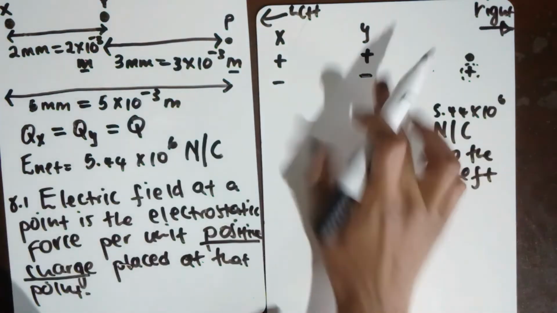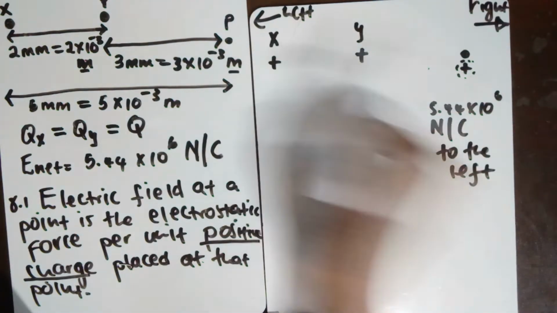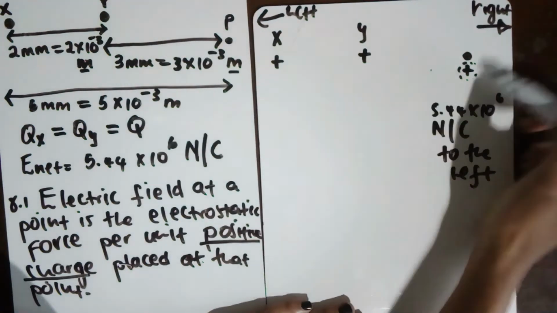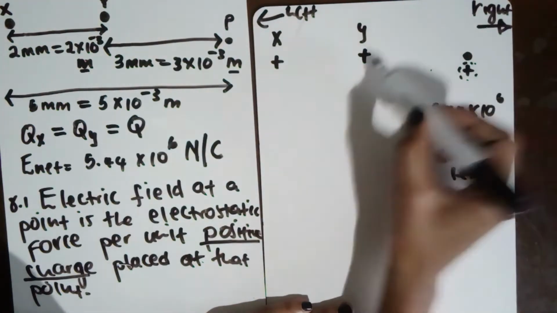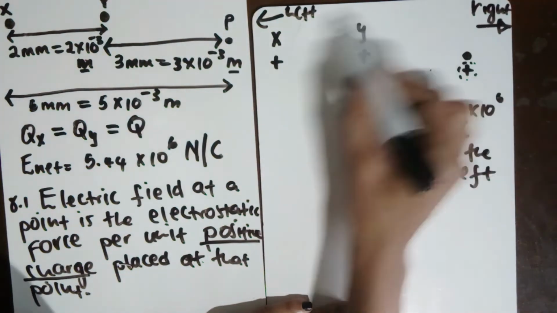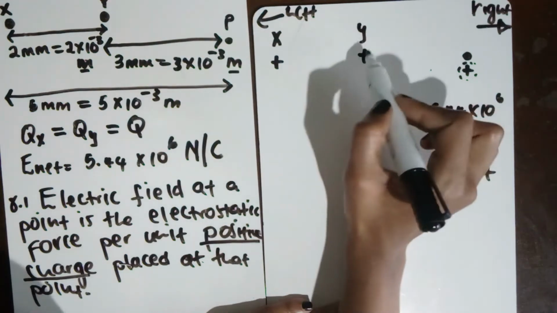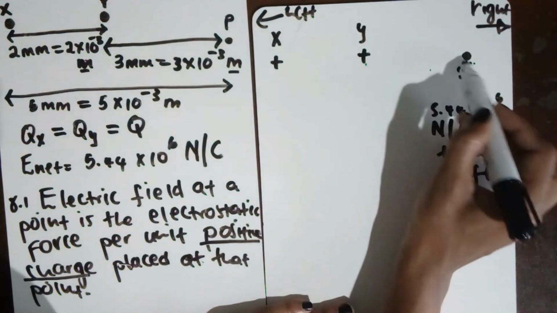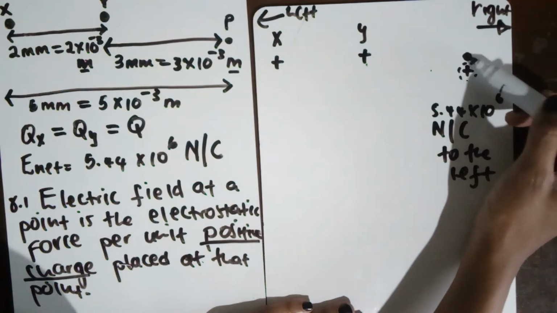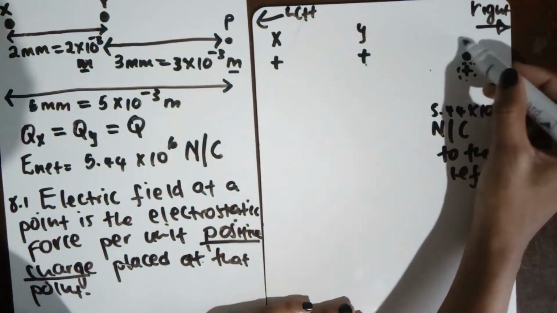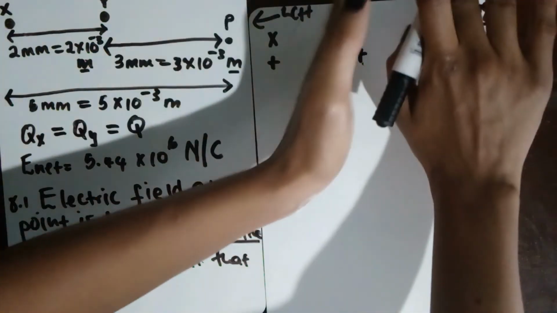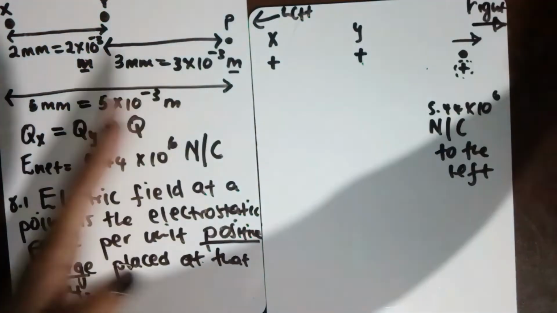So now let us think. If this charge is positive, and this is also positive, it means there's a huge net positivity over here, and we know that positive and positive will repel each other. In which direction will this point move? It will move to the right because it will be pushed away by this positive, right?